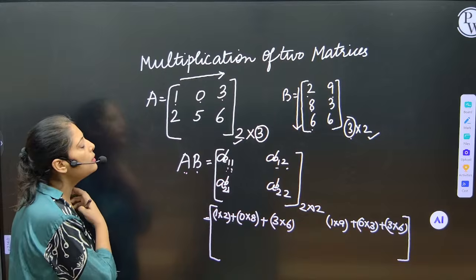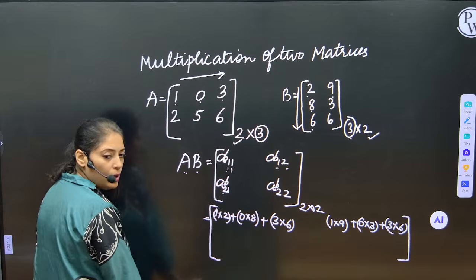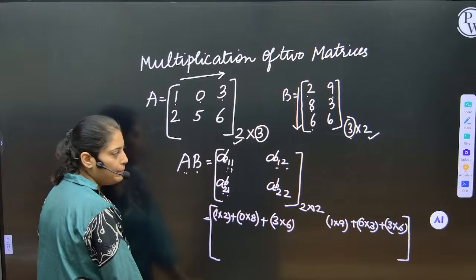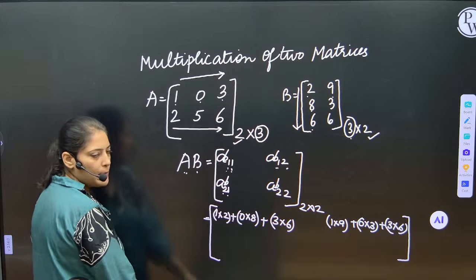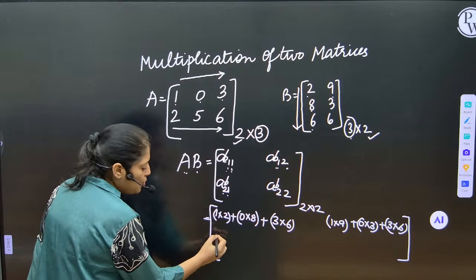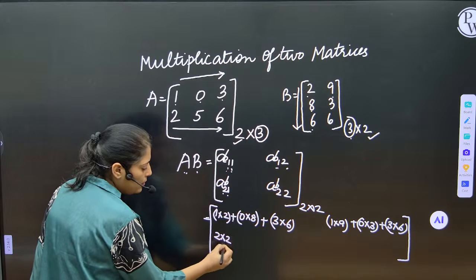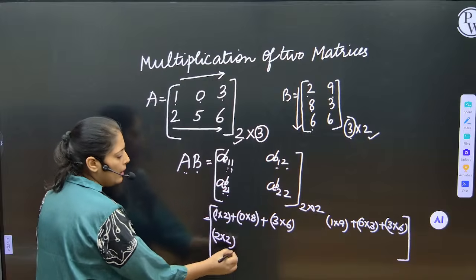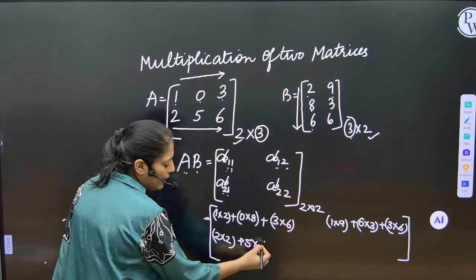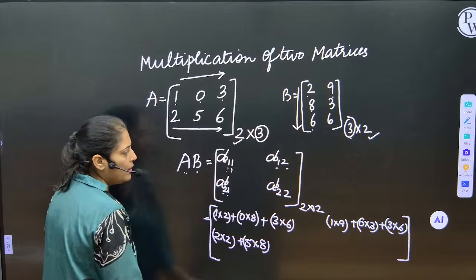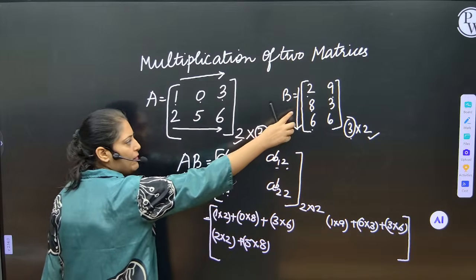Next, what does it mean? Second row, first column. Now this is your second row, first column is already there. So 2 into 2 plus 5 into 8. As we are proceeding to the next element, we have to proceed to the next element.